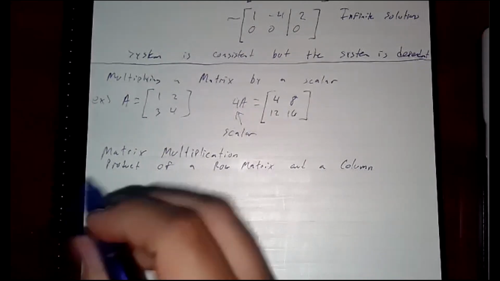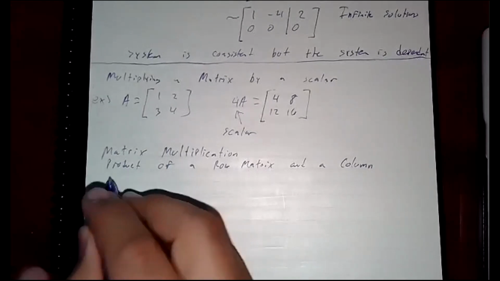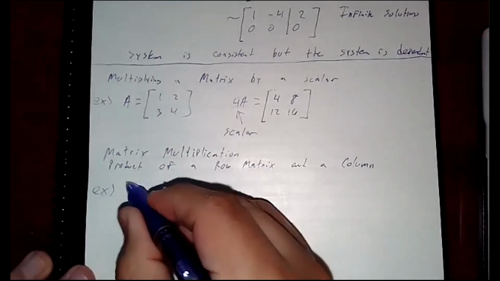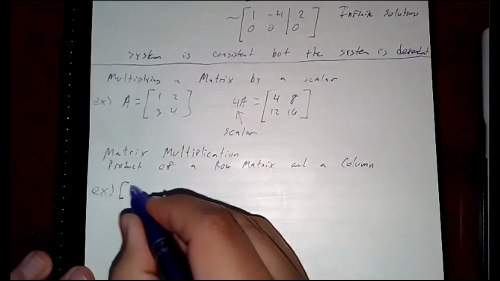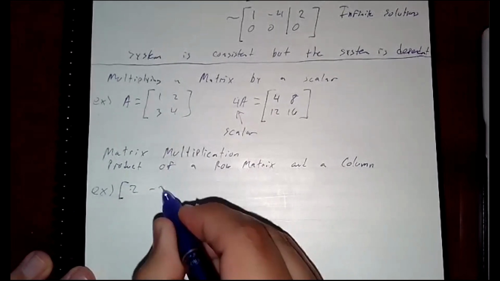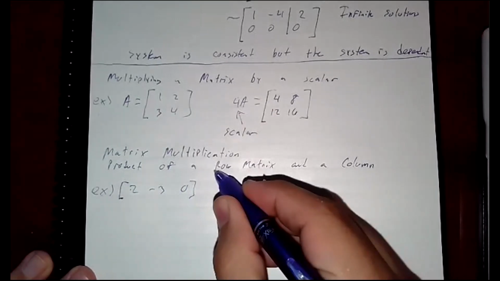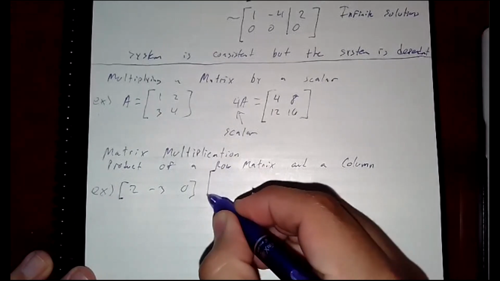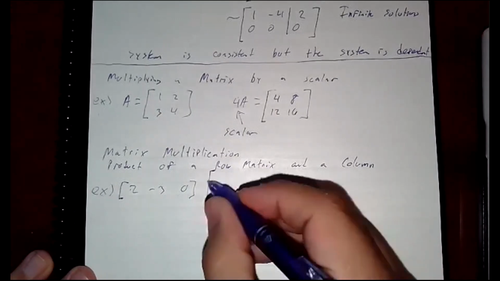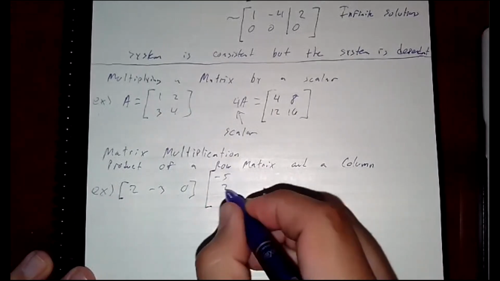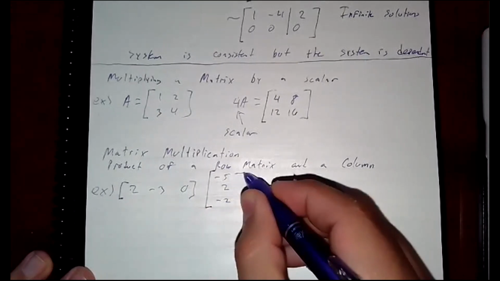All right, here goes another example. So we're going to multiply this row 2, -3, 0 times the column -5, 2, and -2.